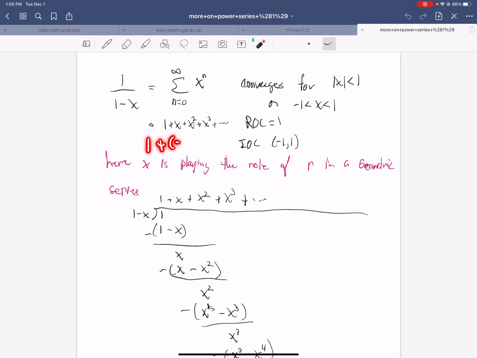And then when you add -1, the sum's 0. And if you never stop doing that, you don't know, does it add to 1 or does it add to 0? And so by the divergence test, though, both of those work because the limit as n goes to infinity of -1 to the n does not exist.